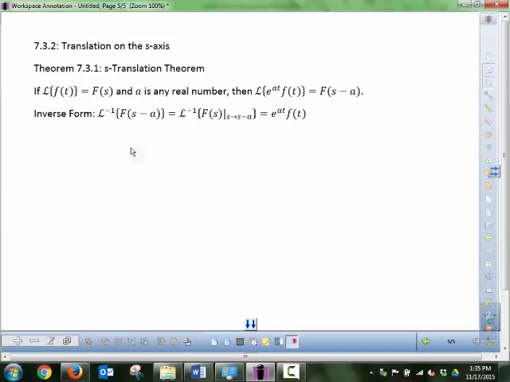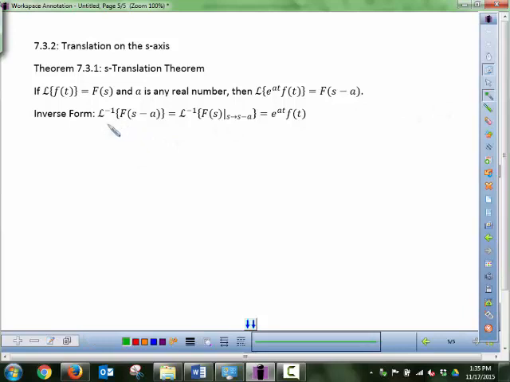But this says, for the Laplace transform, if you can identify your solution in the S world, your algebra solution, as something that looks like it's been shifted into S minus A, then you can just multiply your solution that has been transformed by e to the AT.